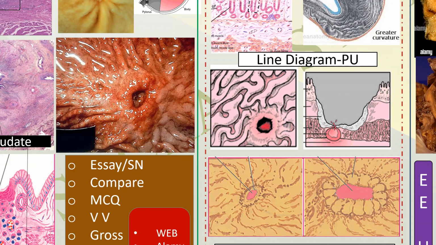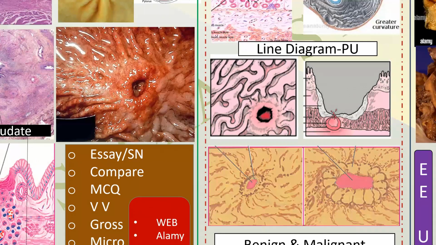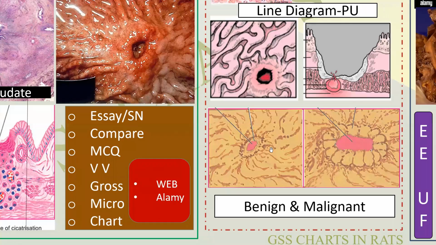Now, whenever we talk about peptic ulcer, one thing worries the surgeon as well as the pathologist. What is the difference between a benign and a malignant ulcer? So the benign ulcer is small, it is punched out, less than 2 centimeters. Whereas the malignant ulcer is large, it can be irregular, 4 centimeters or even more in diameter.